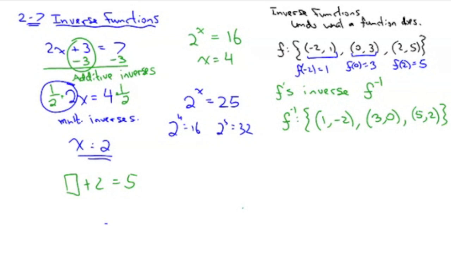And this is how it would work. You would take f of, let's say, -2. We know what its answer is, right? If I compose that with f inverse, watch what happens. What's f of -2? It's 1, right? So then this becomes f inverse of 1. What's f inverse of 1?